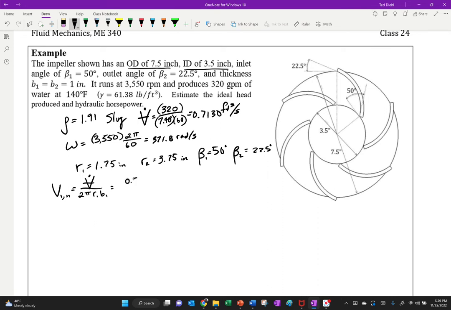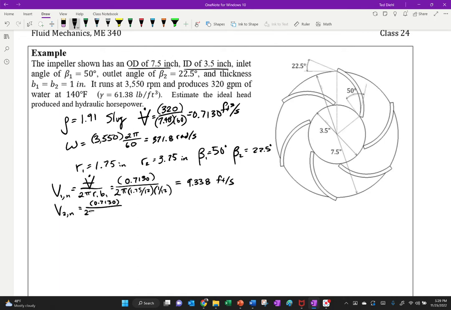So we take 0.7130 divided by 2 pi, and R1 is 1.75 divided by 12. And B1 was 1 inch, so 1 divided by 12. All the units will work out so that we end up with 9.338 feet per second.